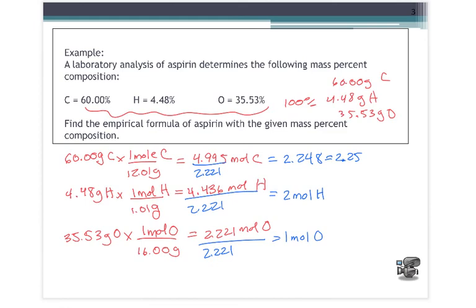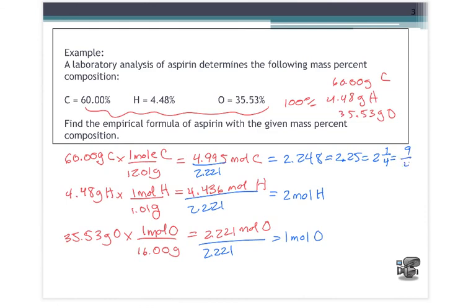But remember that the empirical formula is the simplest whole number ratio. So let's make this into a whole number. We have 2 1/4, right? So let's write this as an improper fraction. 2 times 4 is 8 plus 1 is 9.